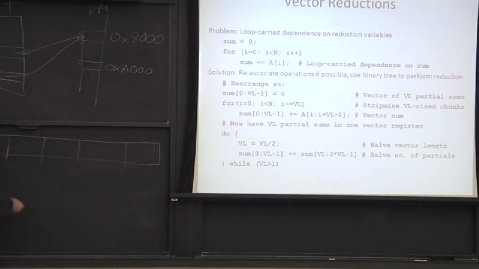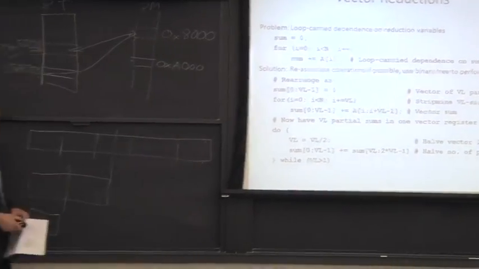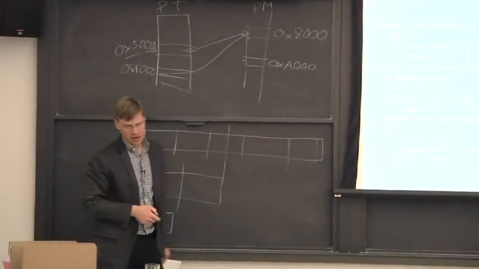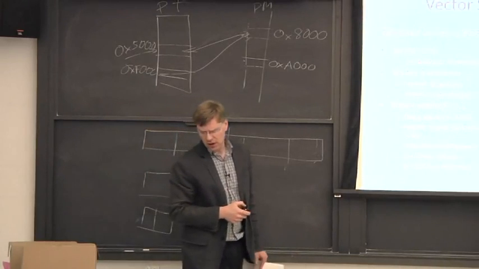So if we have our vector here, we would cut it in half and add this part with this part, and then the result would be half the size. And we cut it in half, and we add this part with that part, and the result is half the size. We cut it again, and we keep doing adds. So we can use our vector arithmetic to effectively do a reduction.